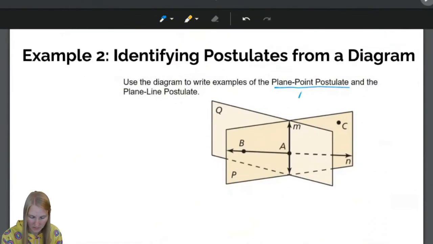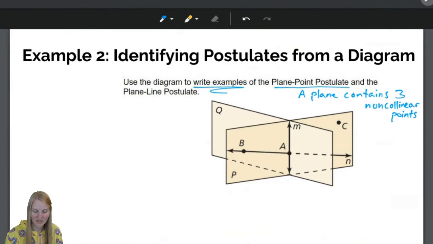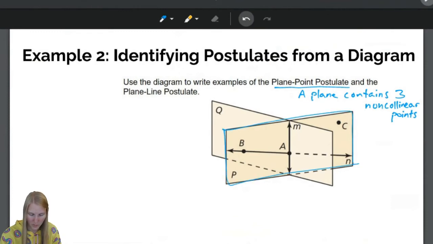So a plane contains 3 non-collinear points. Okay, and we need to write examples of this. Well, an example of a plane containing 3 non-collinear points is, look at plane P right here. What are the points inside of it?